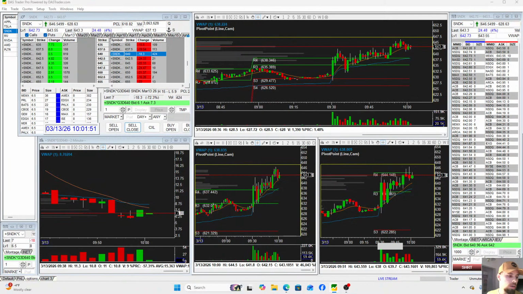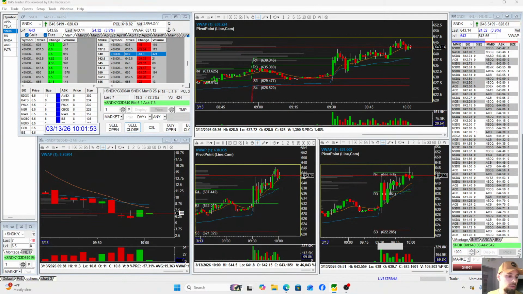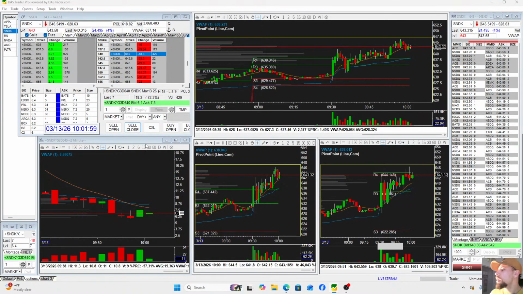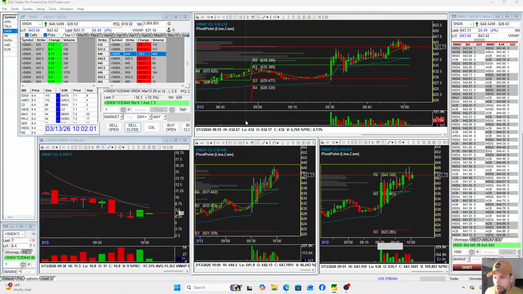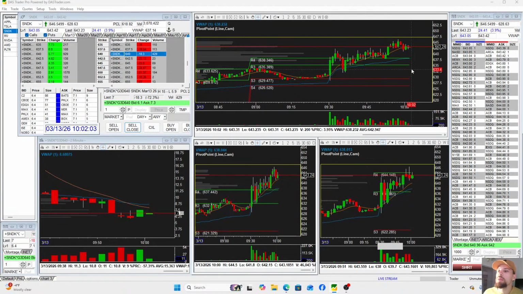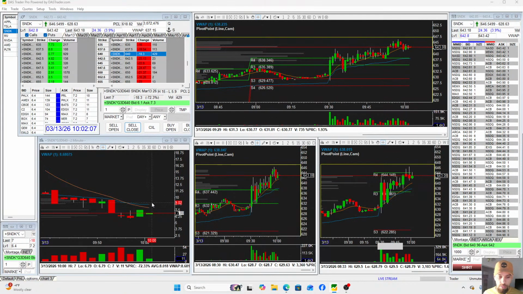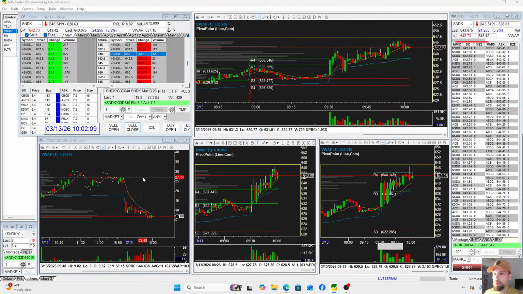But the ladder, the level 2, definitely more to the upside in terms of limit orders waiting to be filled. So just waiting. We're still riding this moving average here as well. So I'm just watching.